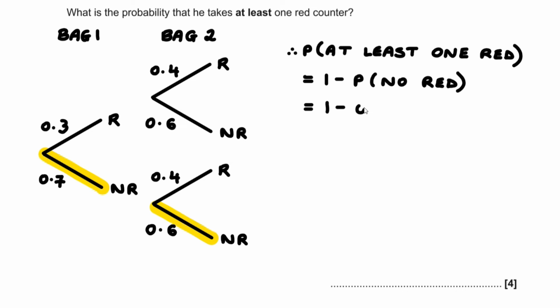So I've got 1 subtract 0.7 times 0.6, so this is the probability of obtaining no red. And if I work this out, I get a value of 0.58.